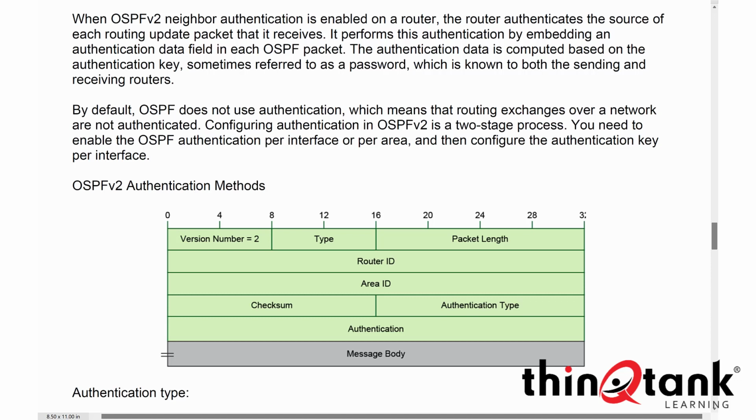The message body is the payload of the OSPF message, the specific message, and the green section indicates our standard 24-byte or 16-byte OSPF header. In this case, we're looking at a 24-byte header because it's OSPF v2, right?